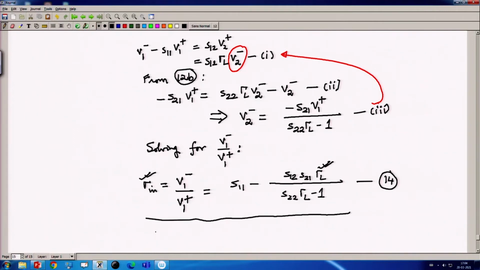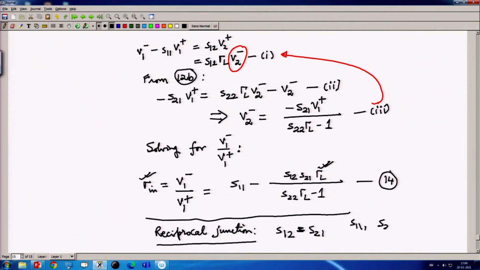Now, for a reciprocal junction, or a reciprocal network, S12 equal to S21, so there are 6 independent parameters in the network, and what are they?